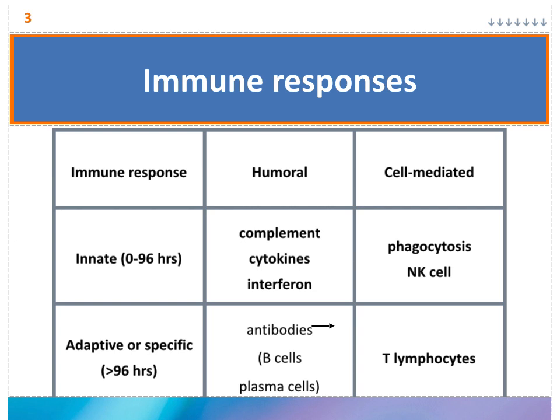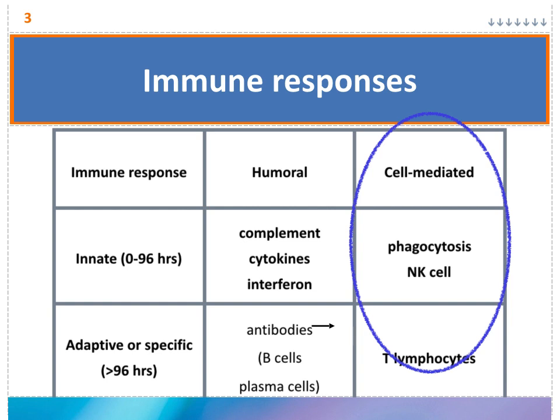On the other hand, adaptive immune responses take some time and play a more prominent role beyond 96 hours. What we're going to discuss in this lecture are cell-mediated innate immune responses and cell-mediated adaptive or specific immune responses.